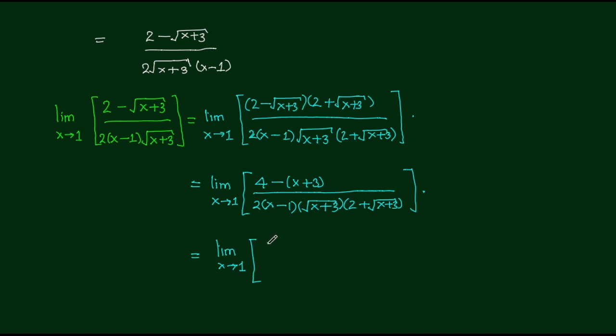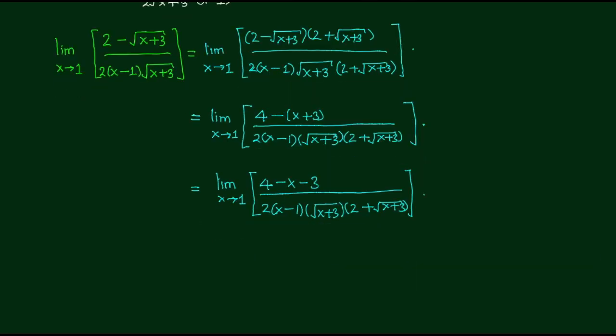So let's move on and see that this negative affects the first sign from the first number, that is x, to negative, the same to the second number here, that is 3, and we divide this one by 2 into x minus 1, again with x plus 3 and 2 plus root x plus 3.